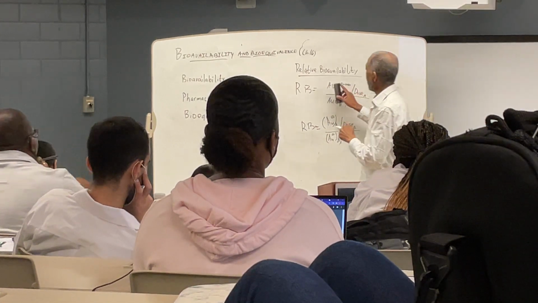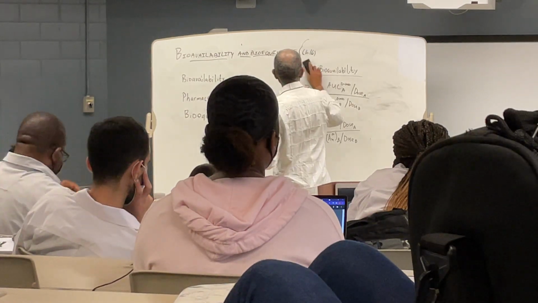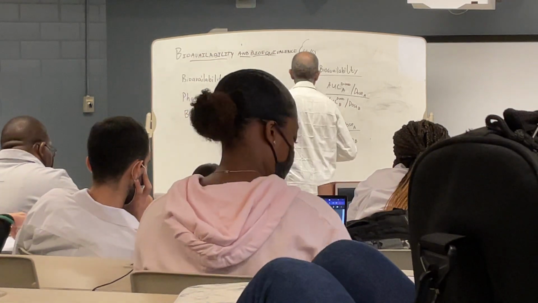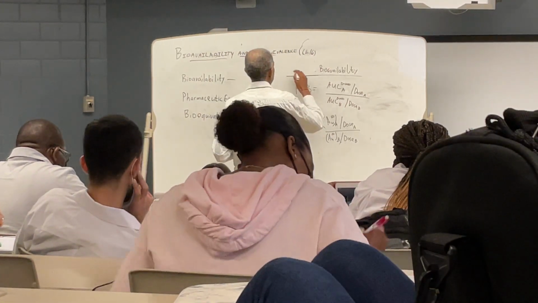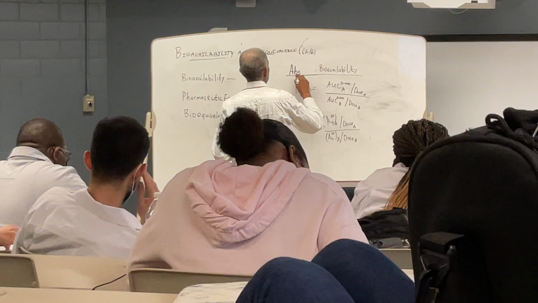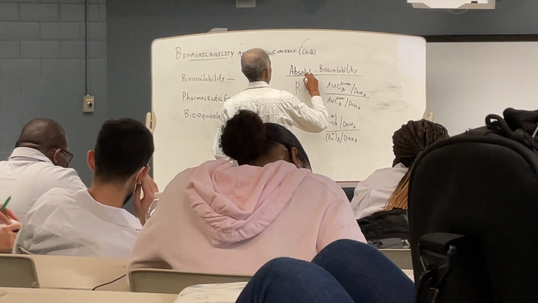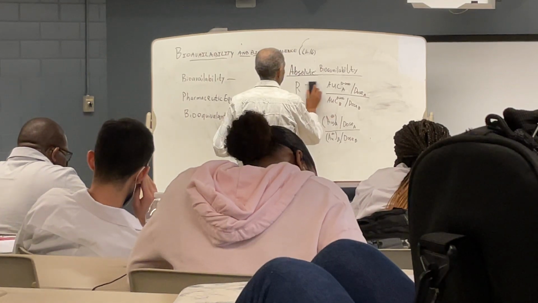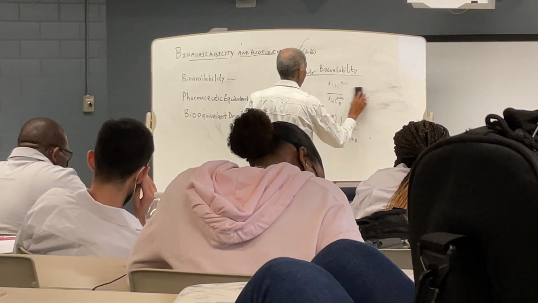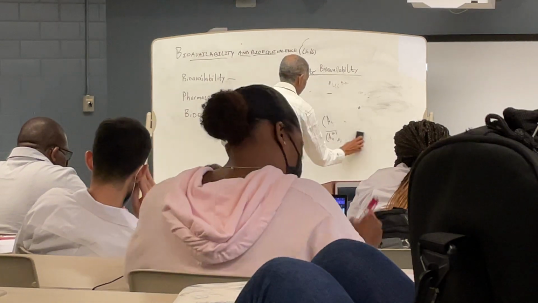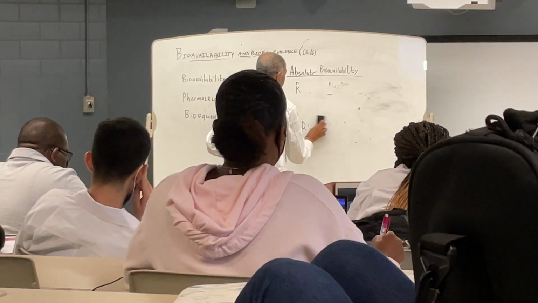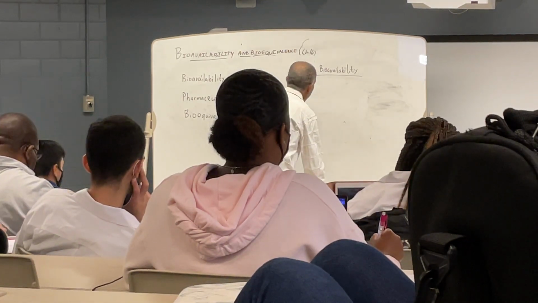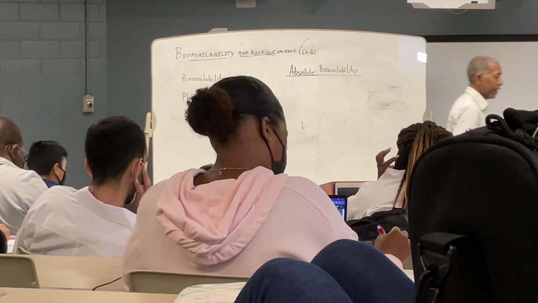All right, so the other type of bioavailability that I want to talk about right quick is absolute bioavailability. This is the second one, absolute. And let me give you a definition.